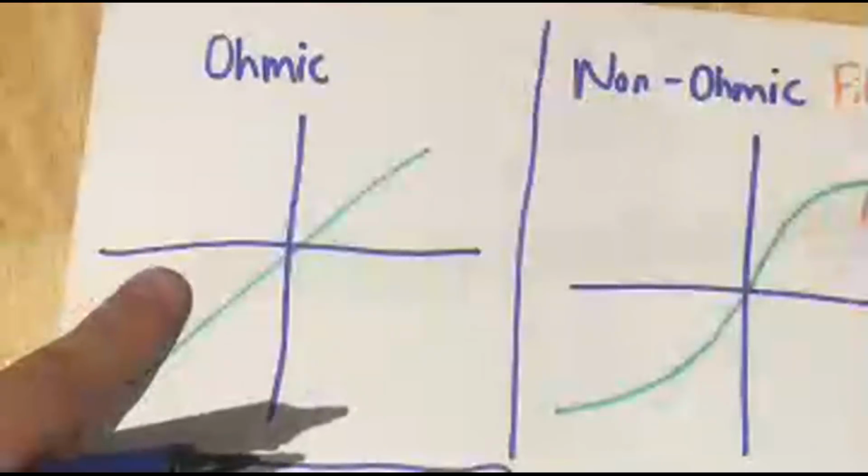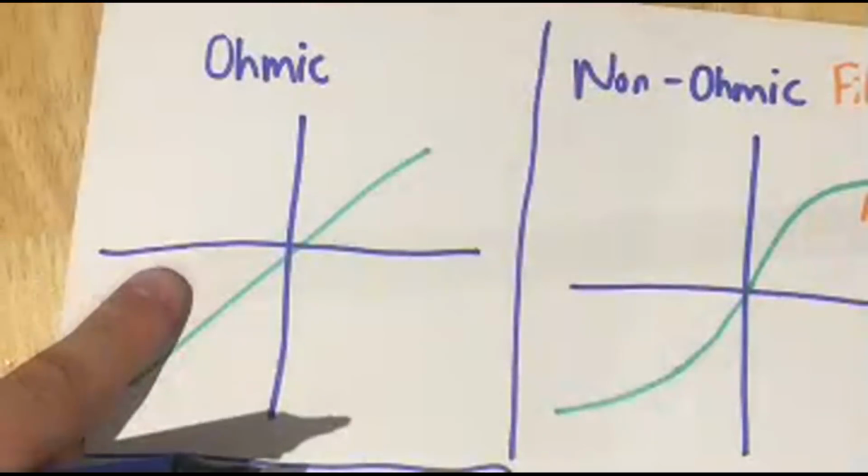So far we've got an ohmic conductor, something like a wire or a resistor. If it's a straight line, that is an ohmic device. Non-ohmic, we've got a filament bulb, which is a curve because it gets hot.